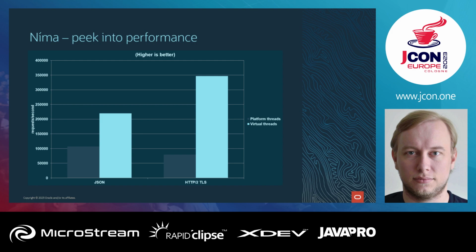As you can see, with Helidon Nima, we were able to double the performance of what we used to have with just a simple request containing some JSON. And with HTTP 2 with TLS enabled, we were even able to quadruple this performance just by using virtual threads. And that's great.